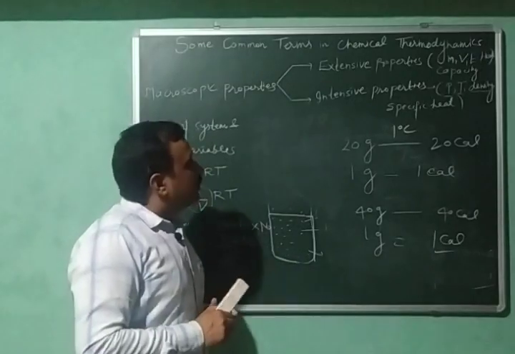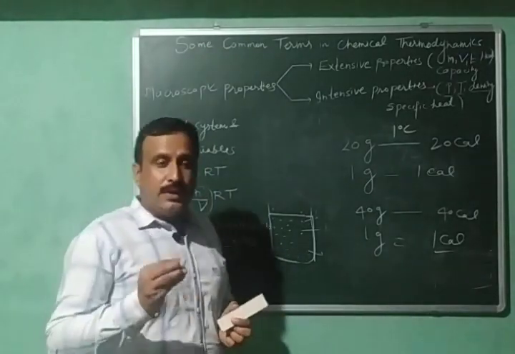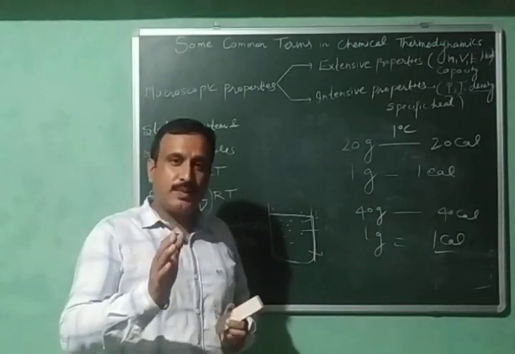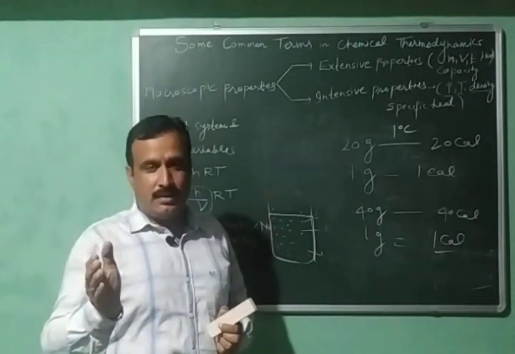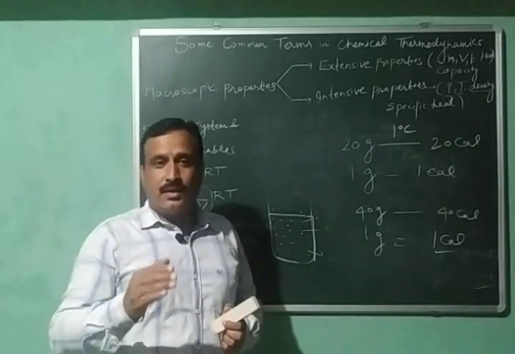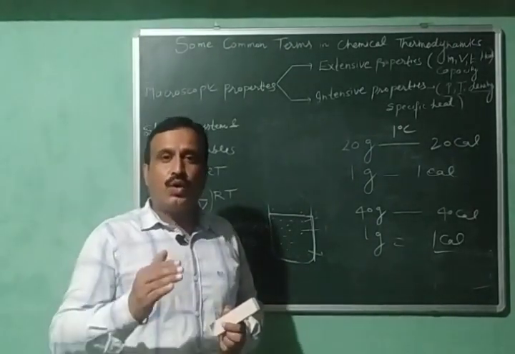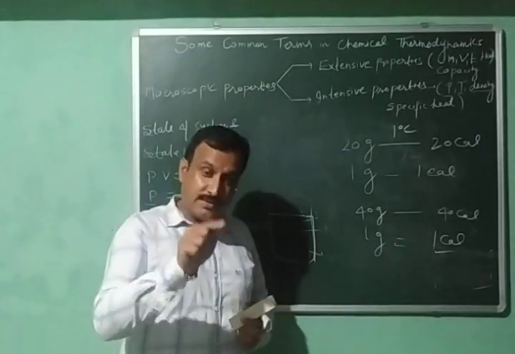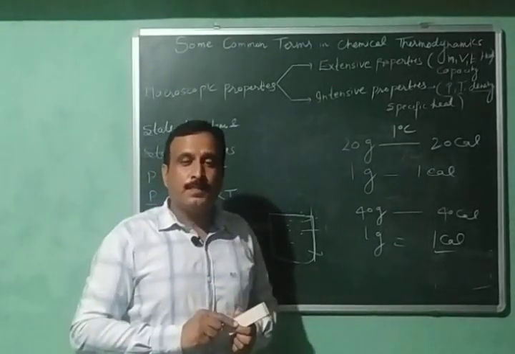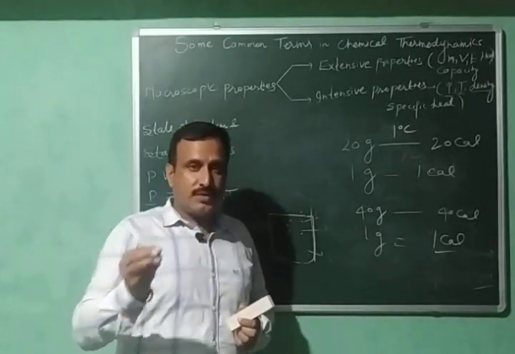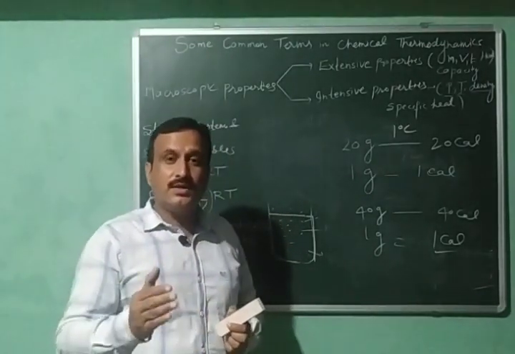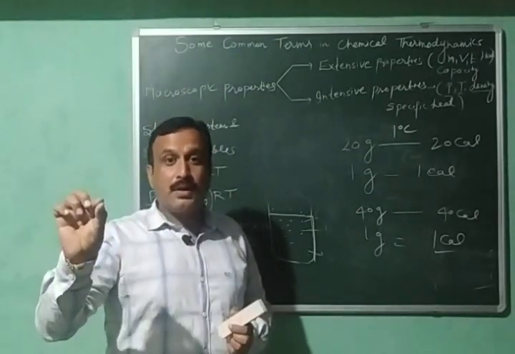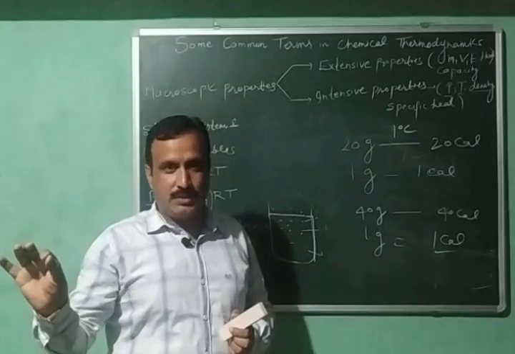Understood? So here I want to tell you one thing, that when a quantity is expressed per ml, that is for 1 ml, or per gram, or per mole, then the quantity becomes intensive. And this is also the case with surface tension. Surface tension is the force acting on the surface of a liquid per meter or per centimeter.